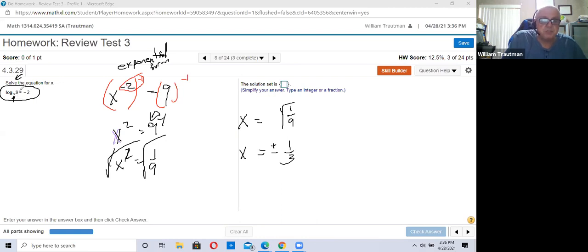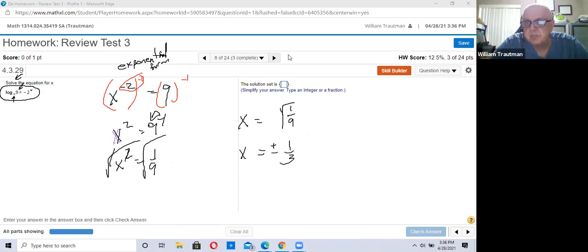You can't have a minus base. You can have a minus power, but you can't have a minus base. If you try to put a minus in there for a base, you'll see it won't work. So the only answer is 1/3.